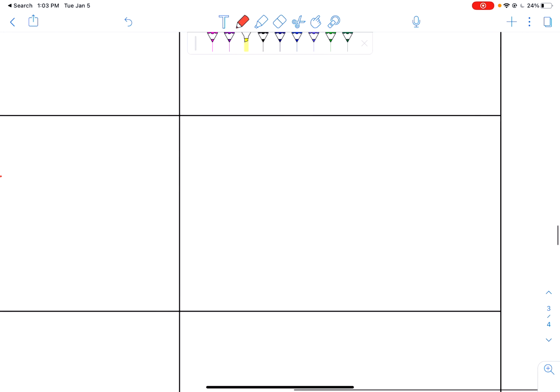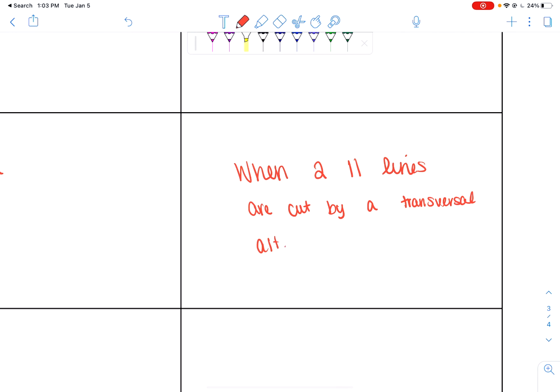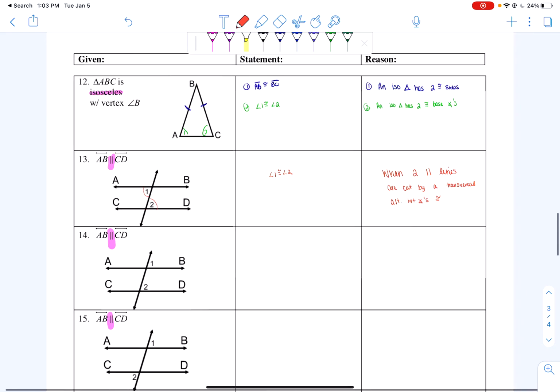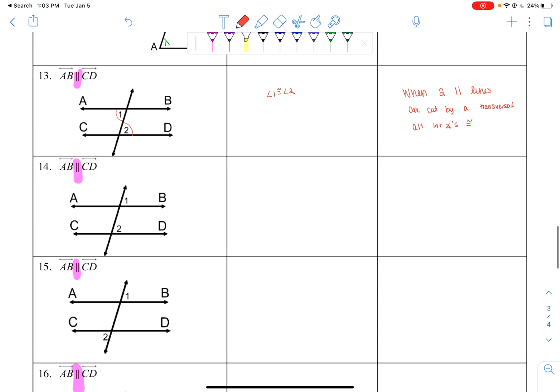So here's what you would write: when two parallel lines are cut by a transversal, alternate interior angles are congruent. In this example, number 14, I have angle 1 and angle 2 again, but this time they're not alternate interior and they're definitely not alternate exterior.